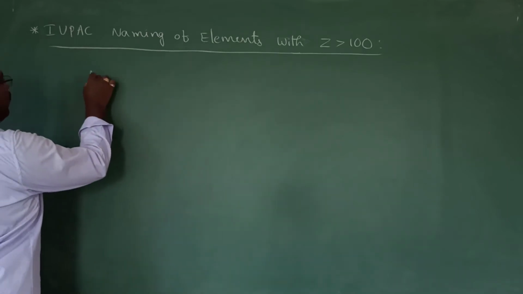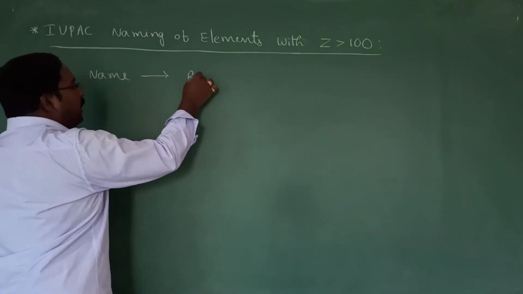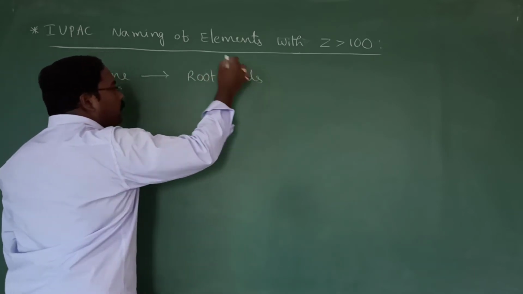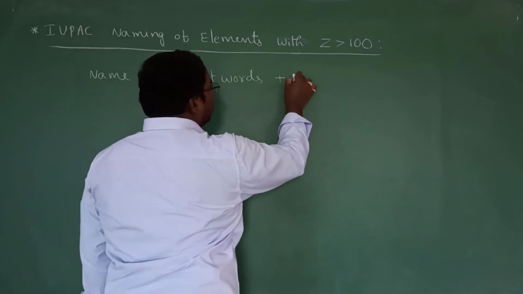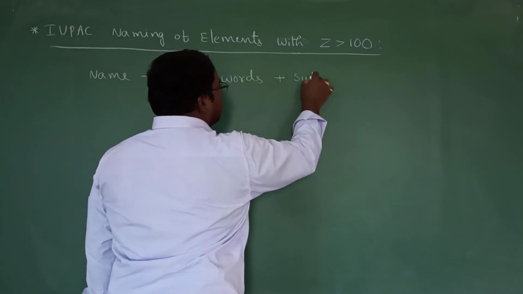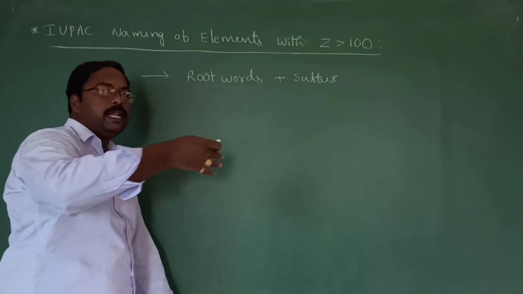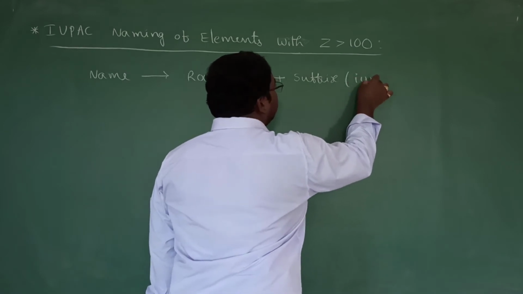Now coming to the names of these elements, if you observe, they contain the root words for the numbers, along with a suffix. Suffix means what we have at the end of the name. The suffix is IUM.